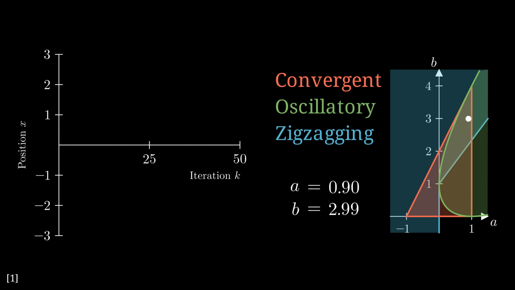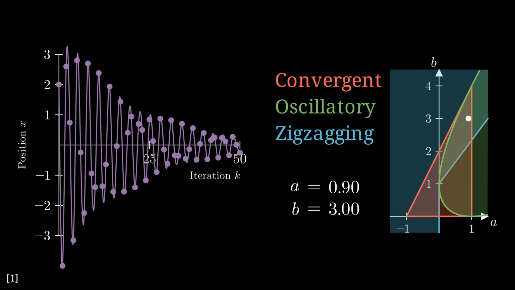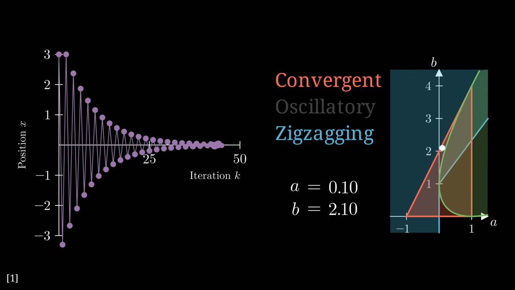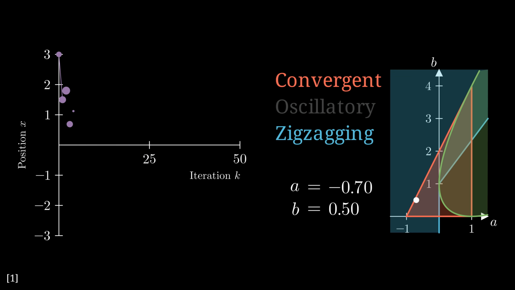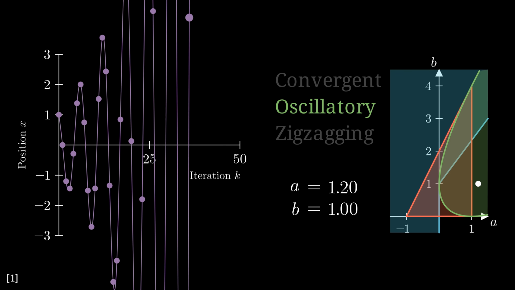Oscillatory behavior with zigzagging. No oscillatory behavior with zigzagging. The zigzagging can be symmetric or asymmetric. And no oscillatory behavior without zigzagging. When not converging, we can again have those four cases, although they are not very interesting because of the diverging behavior.